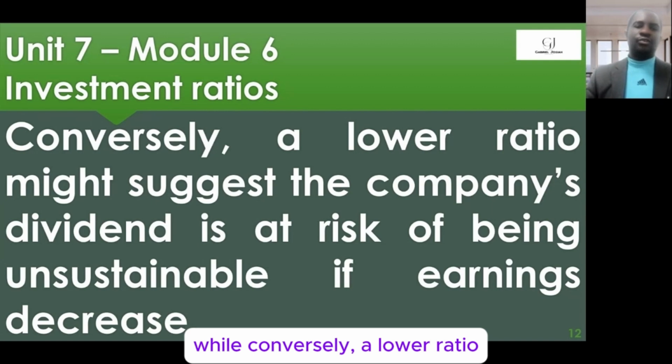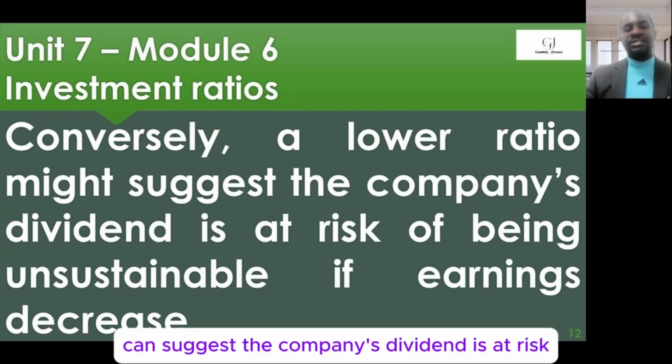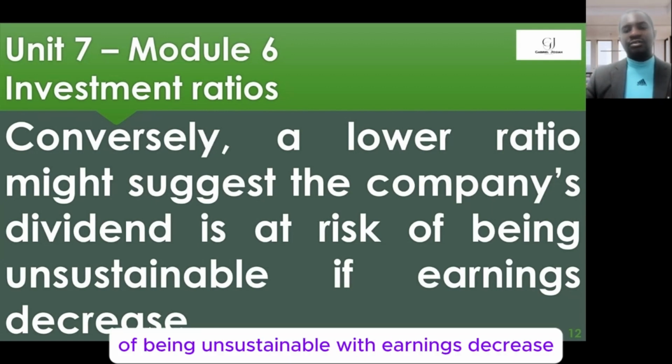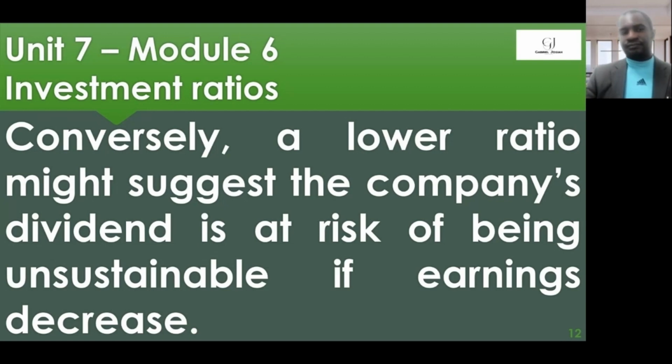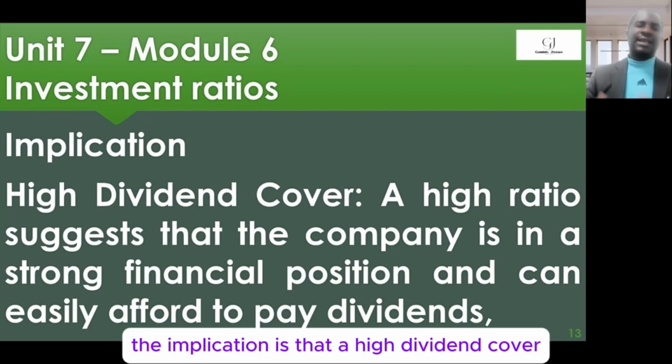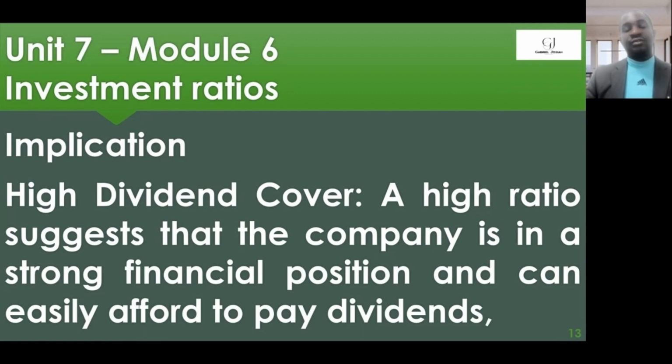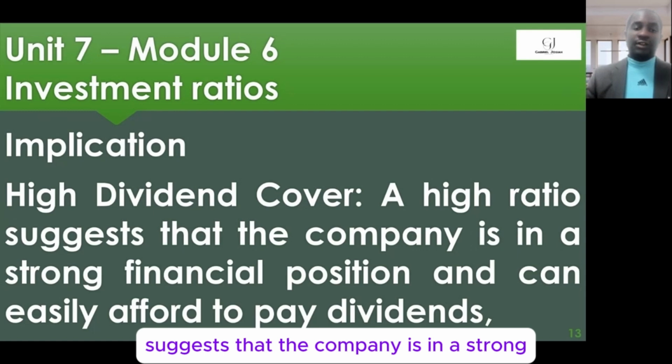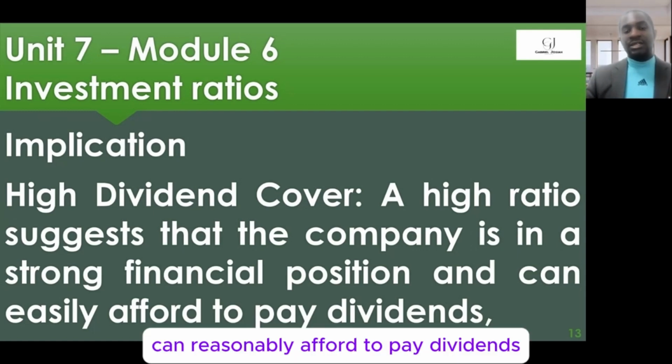Conversely, a lower ratio might suggest the company's dividend is at risk of being unsustainable if earnings decrease. The implication is that a high dividend cover suggests the company is in a strong financial position and can easily afford to pay dividend.